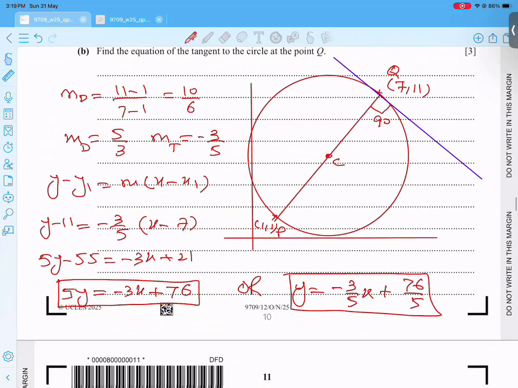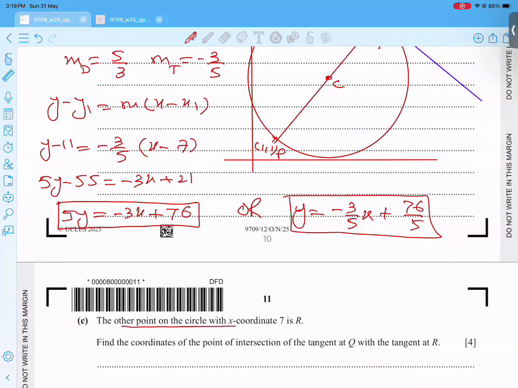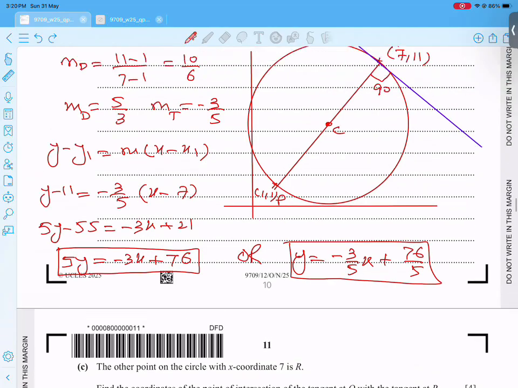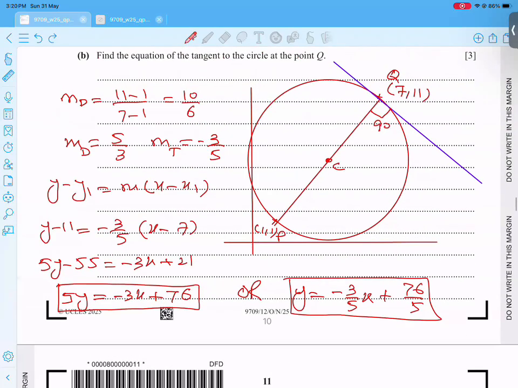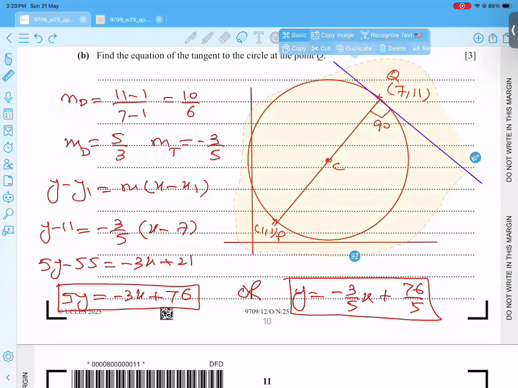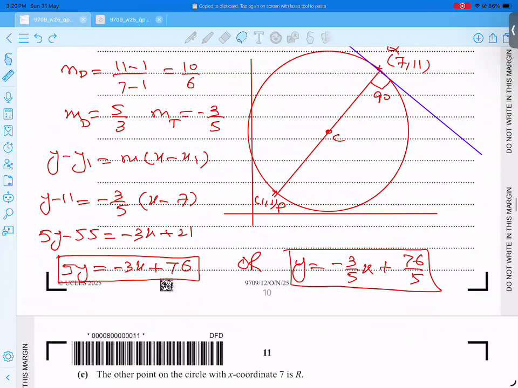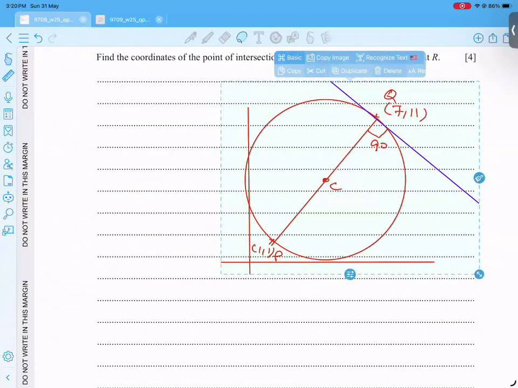Next point, the point on the circle where x is 7 is R. So the coordinates of the point of intersection of the tangent at Q with the tangent at R. I must bring this diagram down because this diagram is very, very important, and the second part depends upon it.